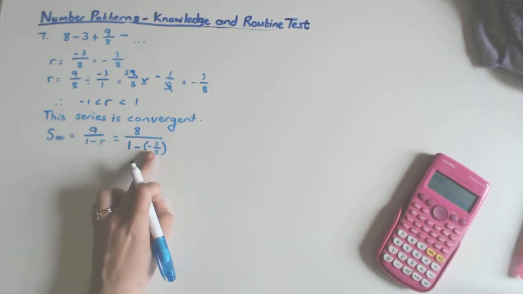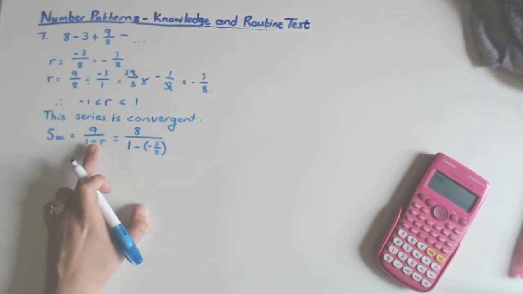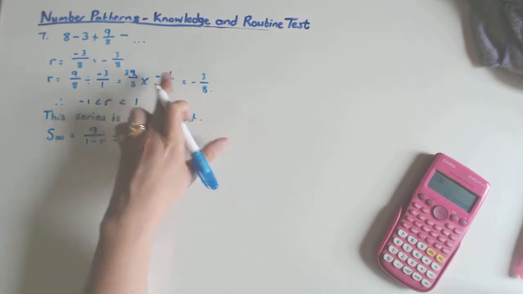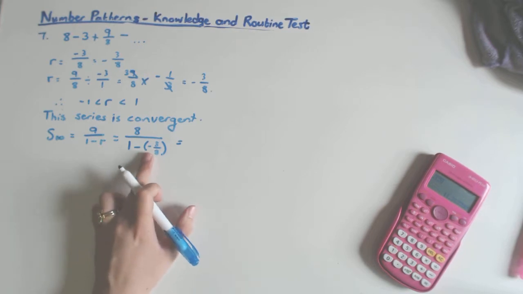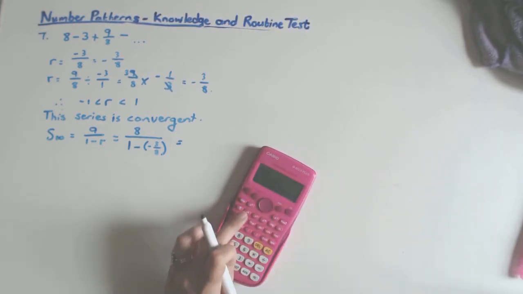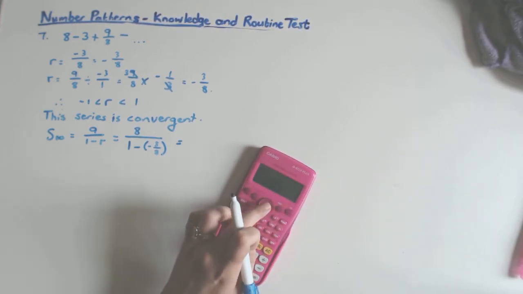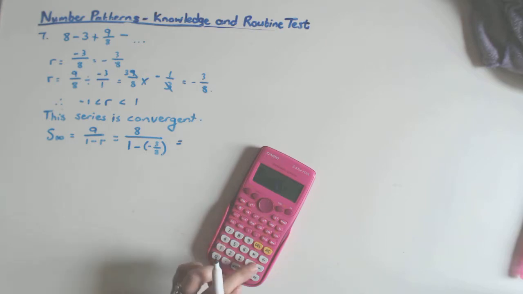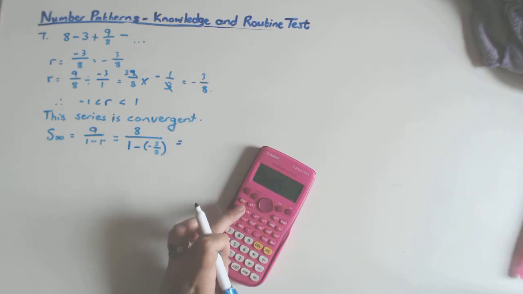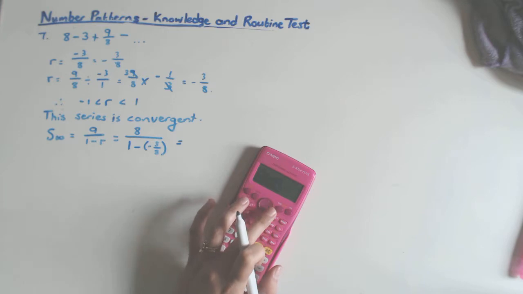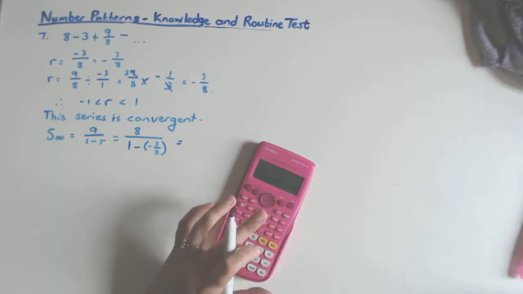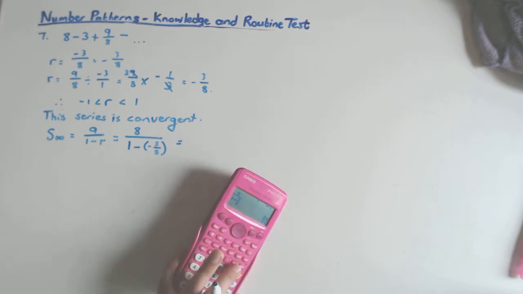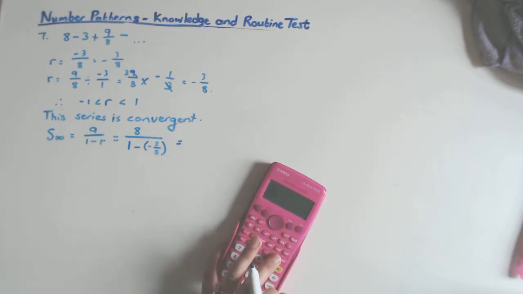And note how I've got two minuses there, the one from the formula and the other one from the r value. Two negative values will become positive. So this is then 8 over 1 plus 3 over 8. You're more than welcome to substitute minus 3 over 8 into your calculator also, and that gives me 64 over 11, but that doesn't tell me much.